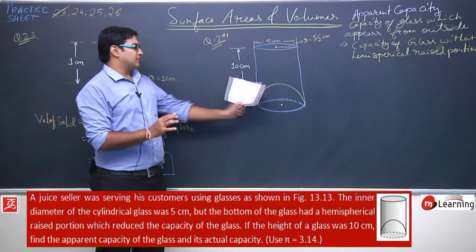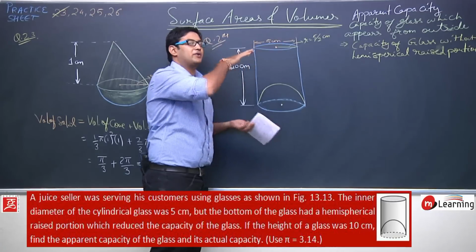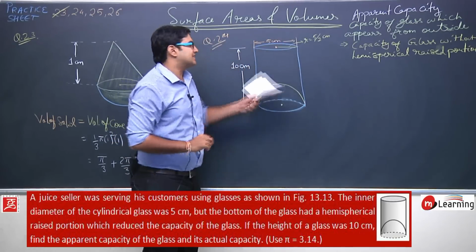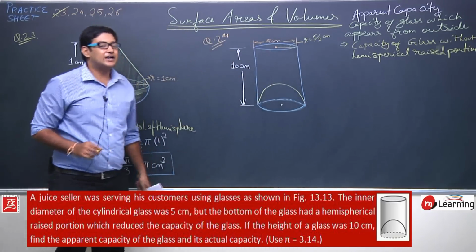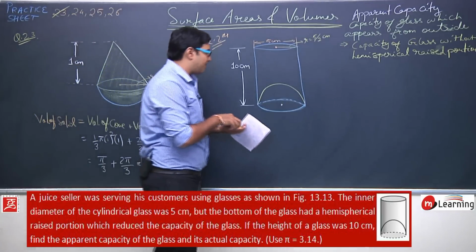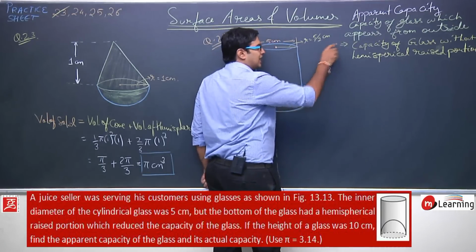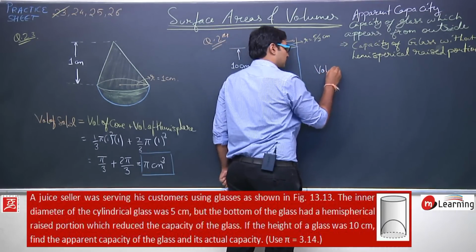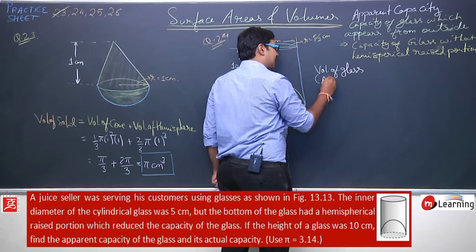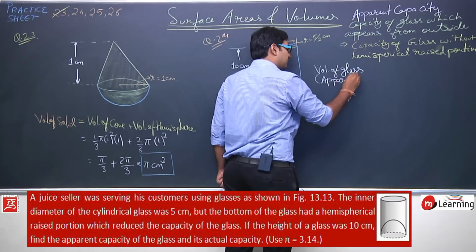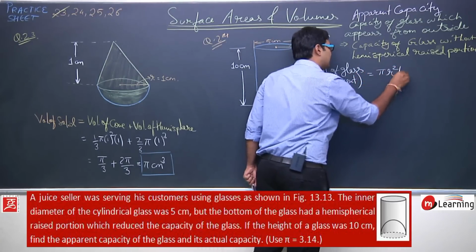So just imagine if we do not have this raised portion, I can see that this glass is a perfect cylinder with its radius as 5 by 2 centimeters and the height of 10 centimeters. So what should be the capacity of this glass? Capacity means volume. So the volume of this glass, or in bracket I can write apparent, is equal to pi r square h.